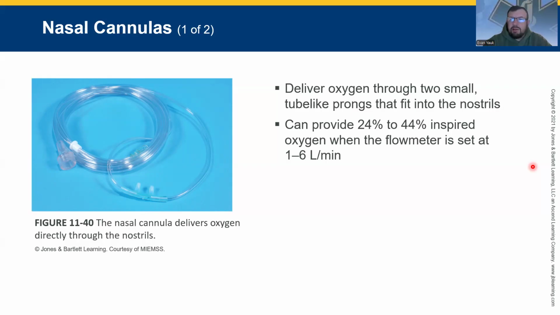That is the oxygen concentration in the everyday atmosphere, 21%. So when we apply a nasal cannula and they are taking oxygen in, it's 24 to 44% oxygen in that atmosphere for them. 1 to 6 is where we go with that.